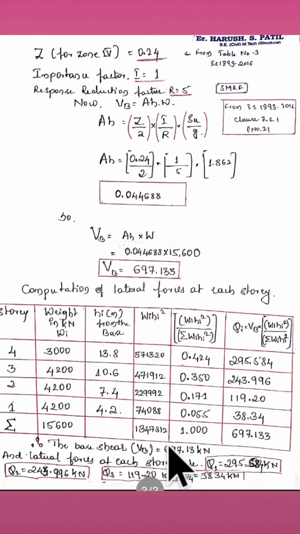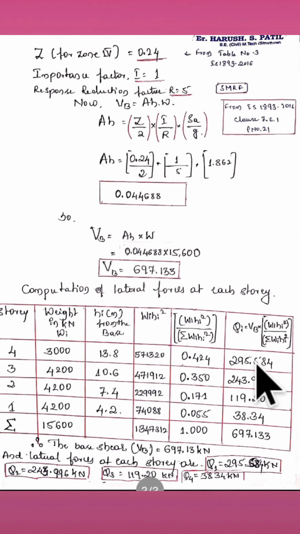Here you will get the total base shear. You can add these and it will come to around the same value. Therefore the base shear VB is 697.13 kilonewton, and the total lateral forces at each story are Q1 equals 295.584 kilonewton.